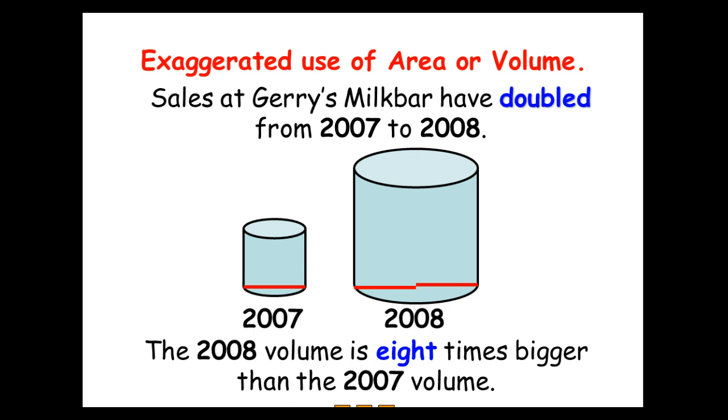The radius has doubled, which makes an 8 times bigger volume. So this graphical representation of the cylinders uses volume to convey that there's been a bigger change than it actually has. If he was going to show double sales, a bar over double height would indicate that more accurately.